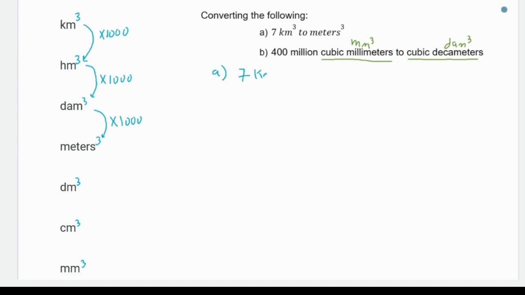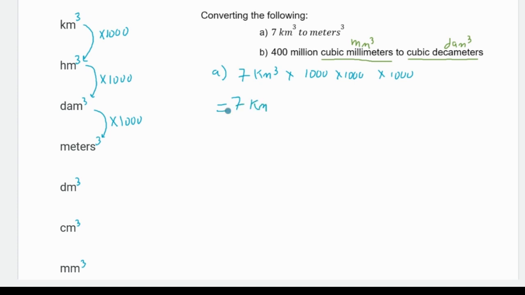So for A, we have 7 kilometers cubed, and for each step we multiply by 1,000. The first time brought me into hectometers cubed, then multiplying by 1,000 again brought me to decameters cubed, and then again brings us to meters cubed.